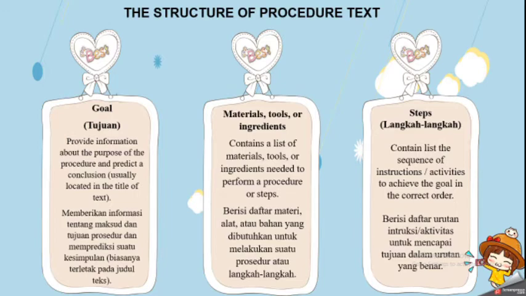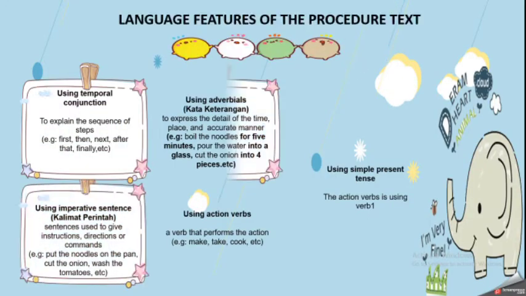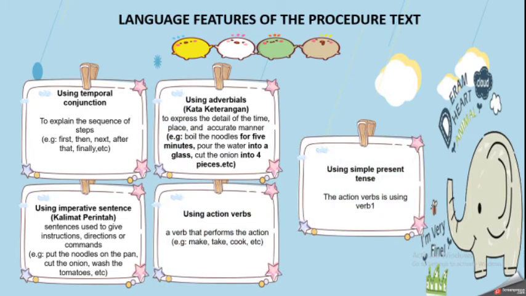The next is about language features of the text. The first is using temporal conjunction, menggunakan kata penghubung to explain the sequence of steps. Contohnya, first, then, next, after that, finally, and etc. The second is using adverbs atau kata keterangan to express the detail of the time, place, in accurate manner.